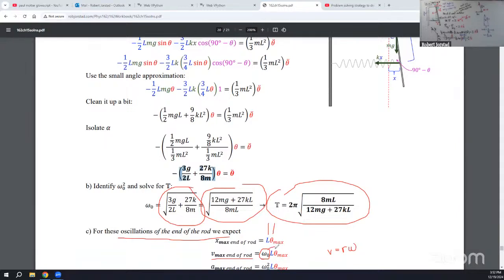Where I believe these two pieces here end up being omega. And the units check out. So that's how the oscillation angular frequency relates to the amplitude of velocity oscillations.